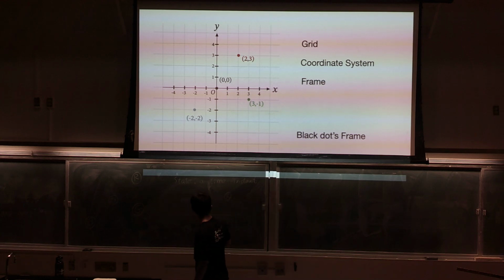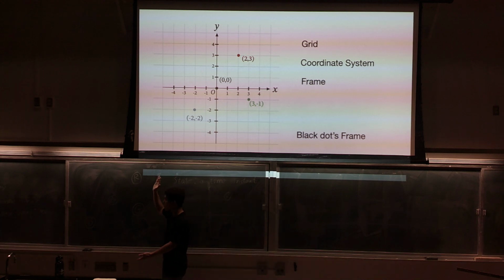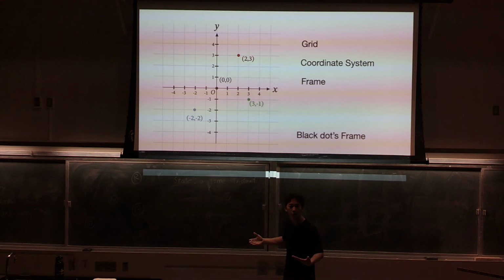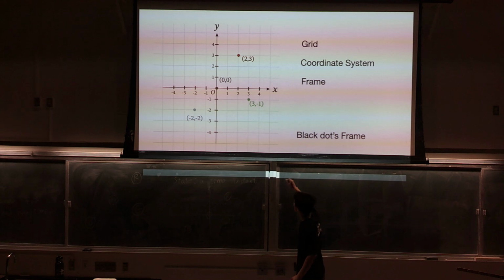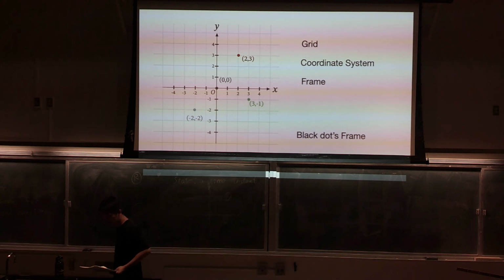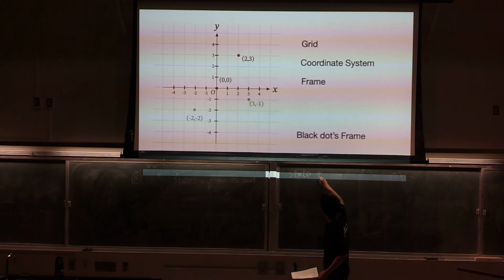So the thing is that the state by itself is like this. The state itself is independent of the frame. It has nothing to do with the frame. The state itself is independent of the frame.